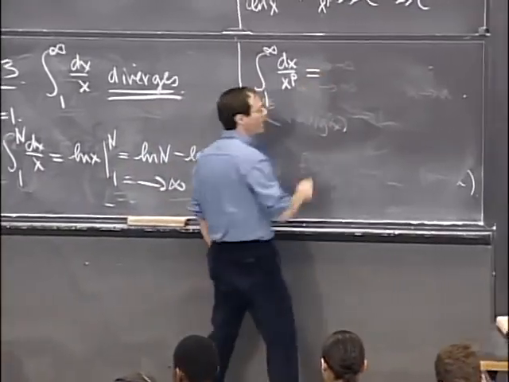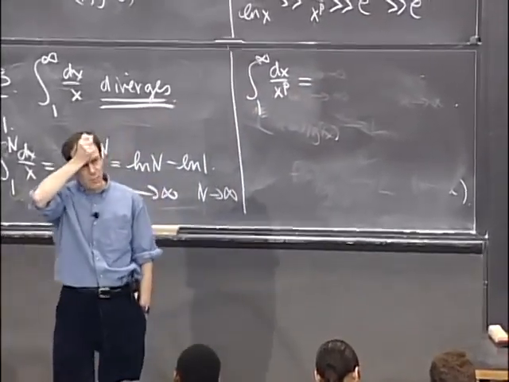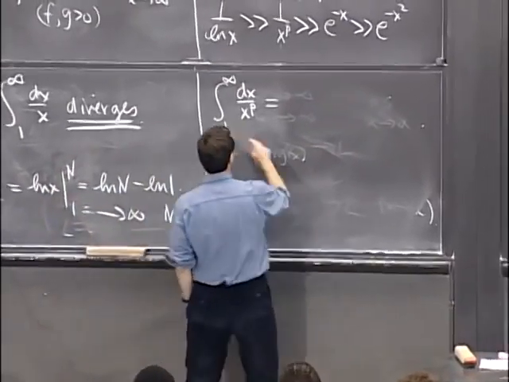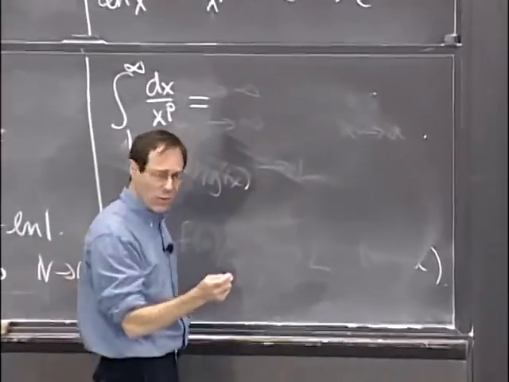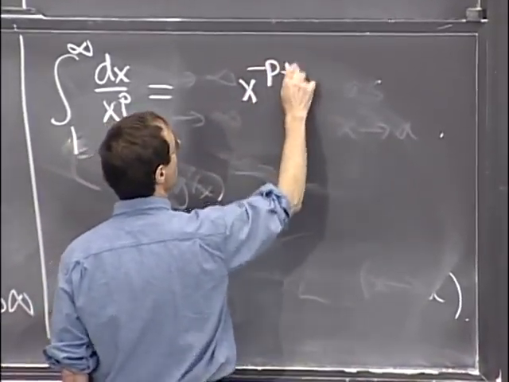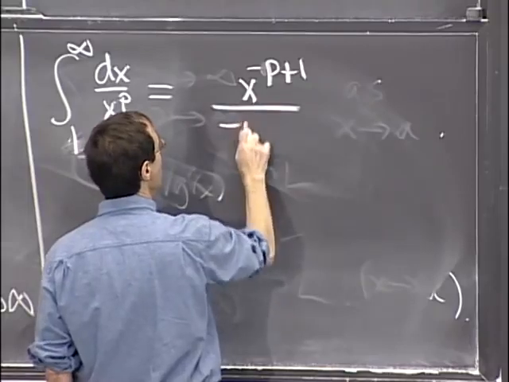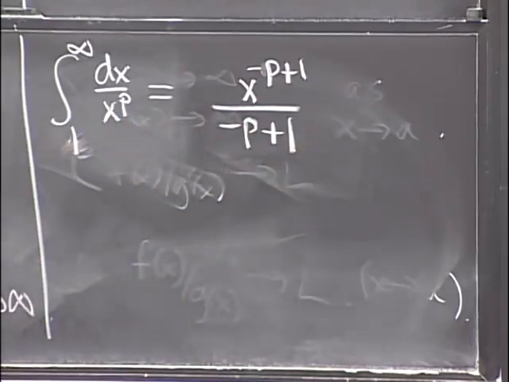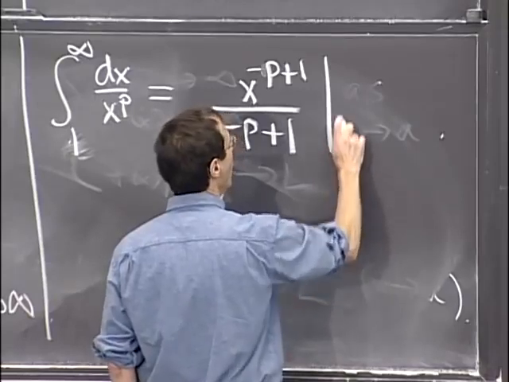This time I'm going to do the calculation the hard way, but now you're going to have to think and pay attention to see what it is that I'm doing. First of all, I'm going to take the antiderivative, and that's x to the minus p plus 1 divided by minus p plus 1. That's the antiderivative of the function 1 over x to the p, or x to the minus p. And then I have to evaluate that at 1 and infinity.